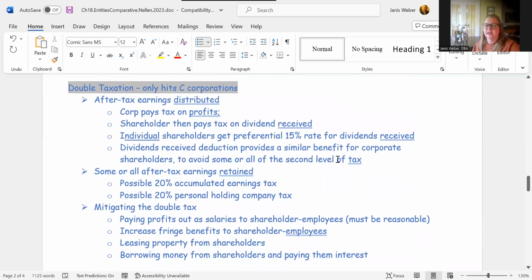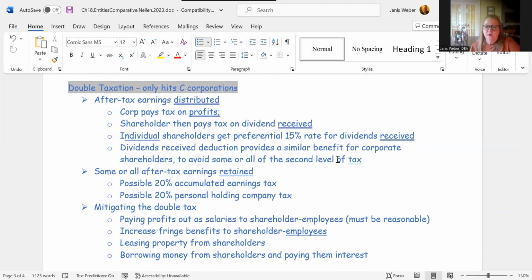All right, so here's one thing that hits C corporations only, and that is this double taxation. After-tax earnings, when distributed: the corporation pays tax on the profits first, every year, whatever they make. And then the shareholder, when they get the distribution of a dividend, pays tax on that dividend. If an individual gets dividends from a corporation, they get preferential treatment, a 15% tax rate on dividends received under the qualified dividends provisions.